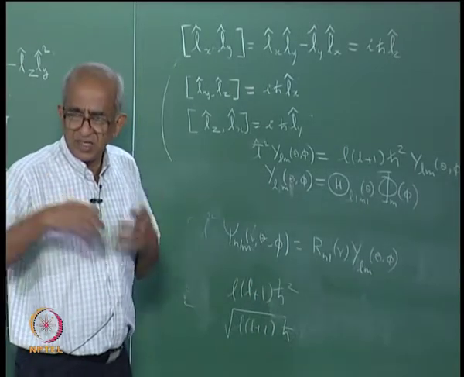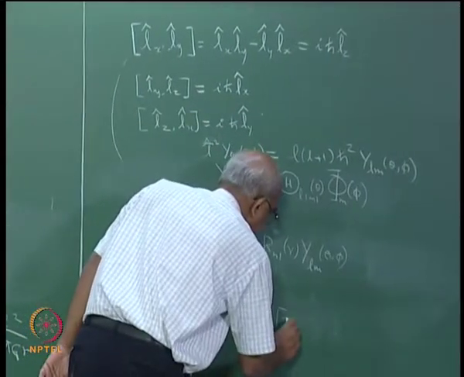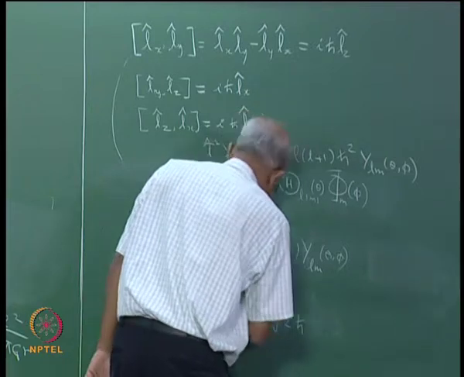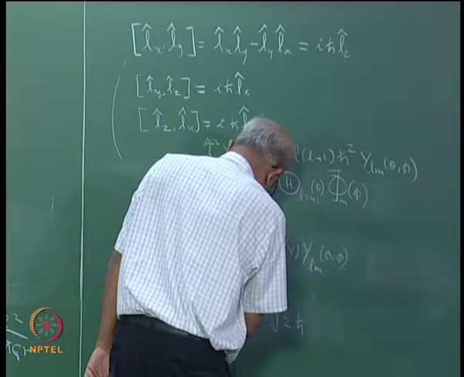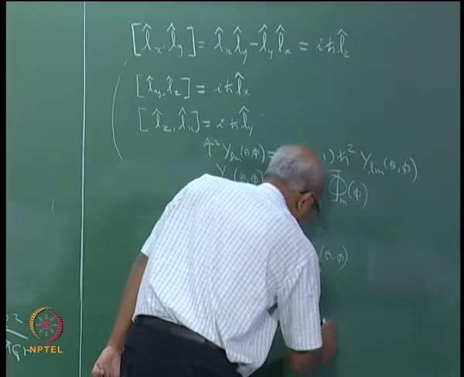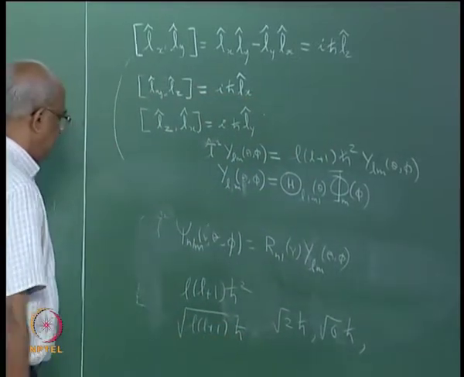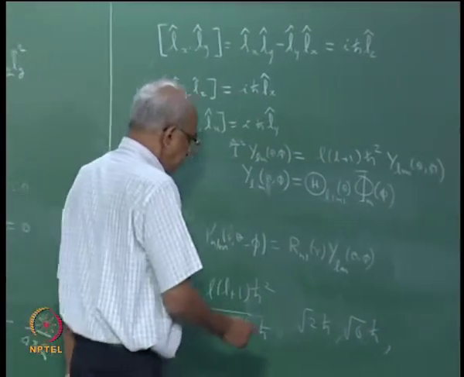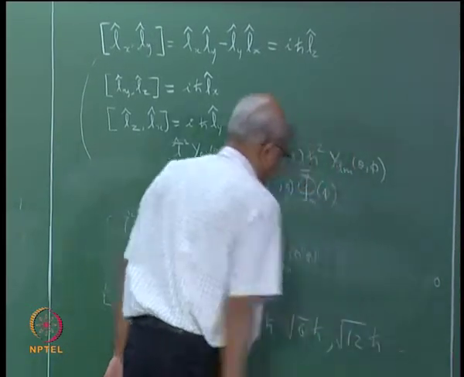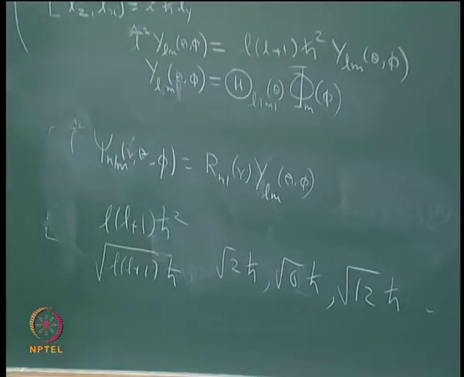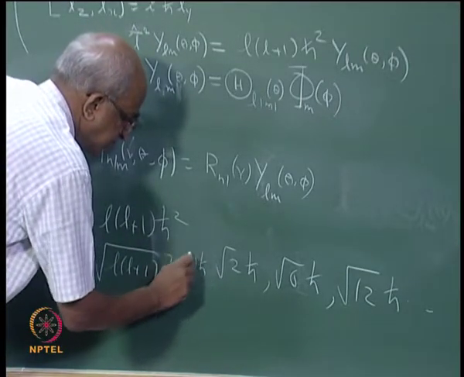And if you are in a p orbital which has l equal to 1, then you will have root 2 times ħ, then the next possibility is root 6 ħ, then root 12, etc. The first possibility, of course, I should list, is 0 times ħ.